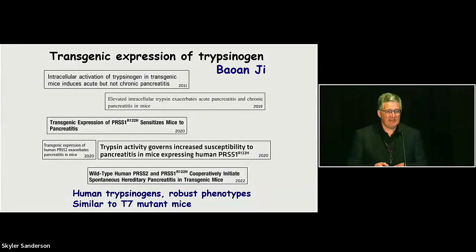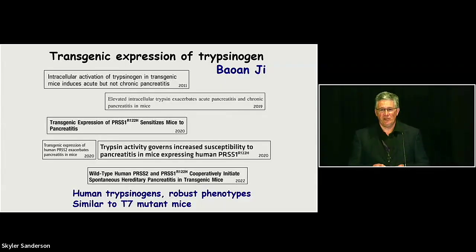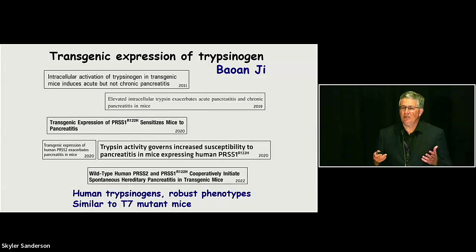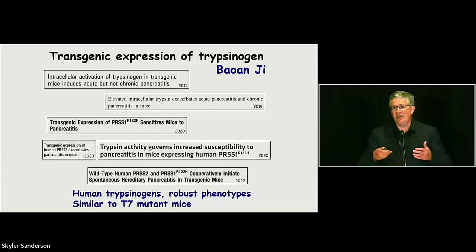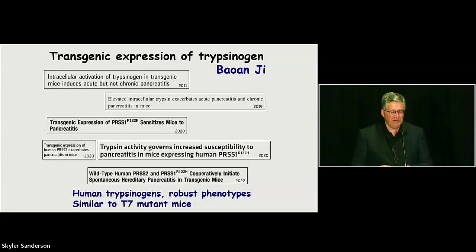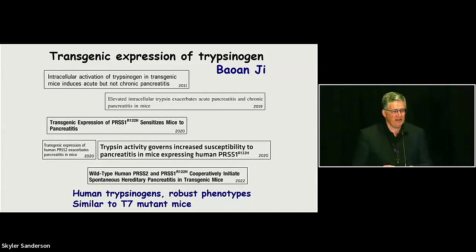A second set of mice was developed by Bo and G's laboratory, and I'm listing all the papers he published over the years. His laboratory mostly focused on human transgenic models where they introduced the human cationic trypsinogen, sometimes combined with the human anionic trypsinogen, into mice in various combinations. He showed very similar phenotypes, either no spontaneous disease but high sensitivity to experimental pancreatitis, or in some models, spontaneous pancreatitis.